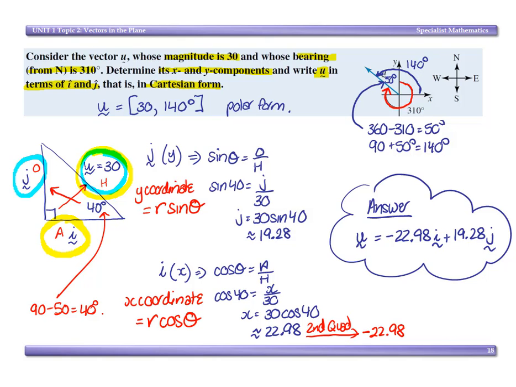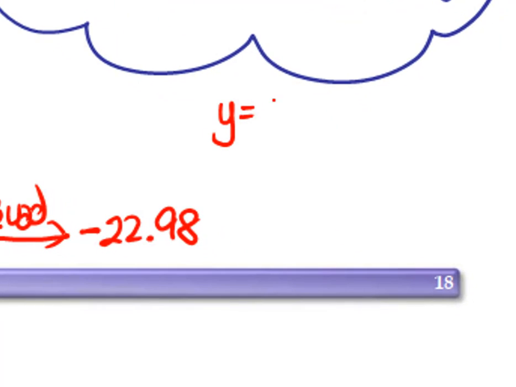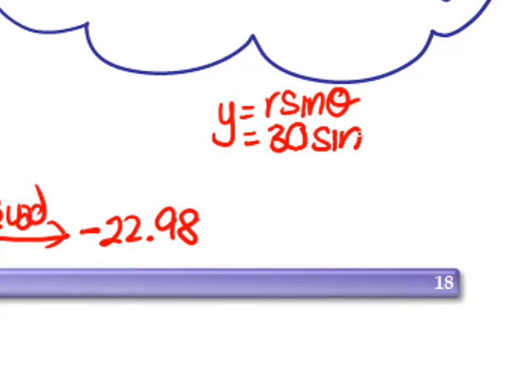Now, if you had used those formulas and you went y equals r sine theta, which is our 30 sine, and you used the original polar form angle of 140, because it's in the second quadrant and sine is positive, remembering our unit circle material from year 10, we know that sine is positive in our second quadrant.